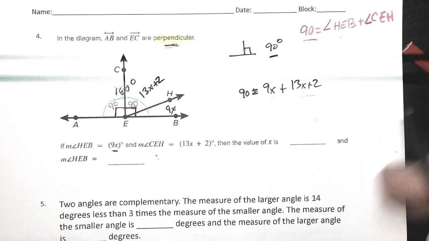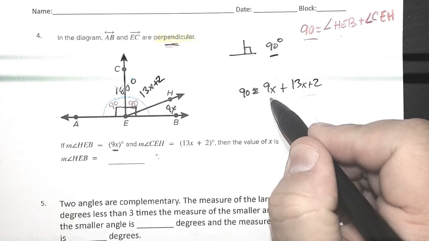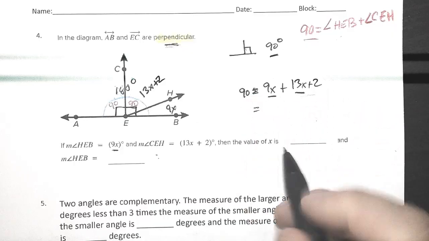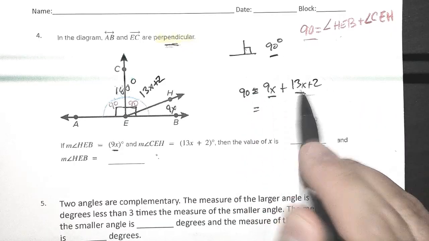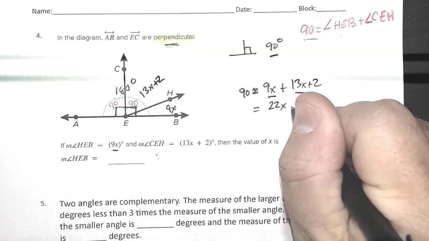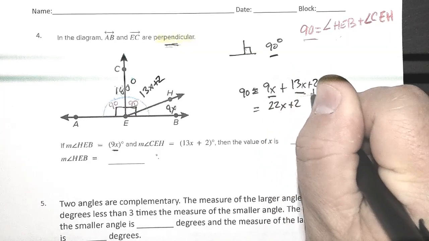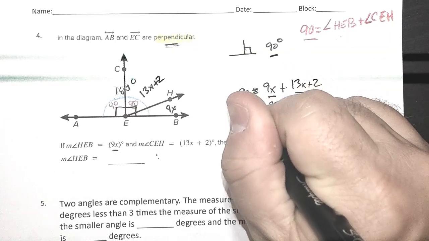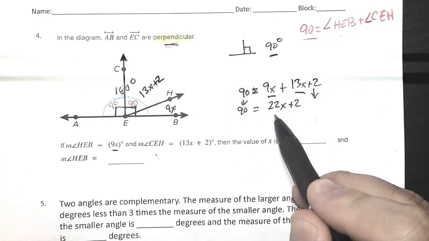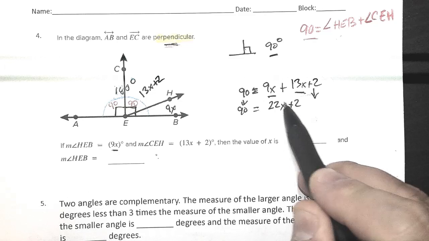Now let's solve. All right, so first thing, we have a guy with an orange and a guy with an orange, so we can add those two together. 9x plus 13x is 22x. My plus 2 is coming down because nothing happened to it. The 90 is going to come down because we didn't do anything. So now x is with 22.